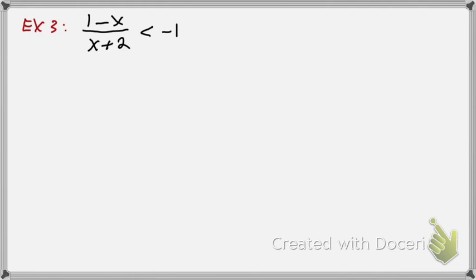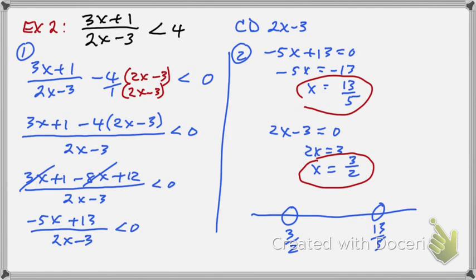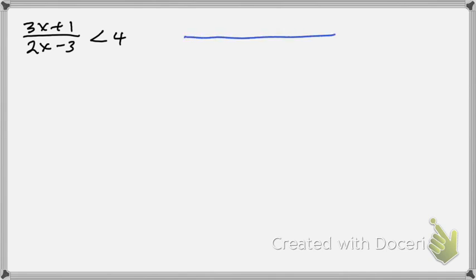So number line wise, I've got 3/2, 13/5. Okay, we're down to step 3.